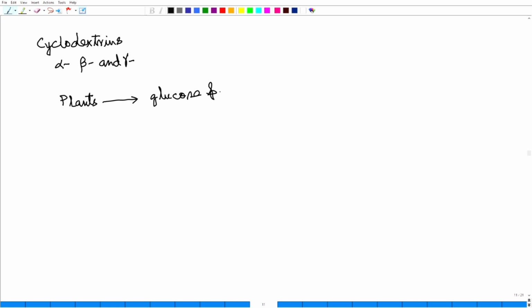What are these glucose polymers? One is called cellulose, while the second one is called starch.